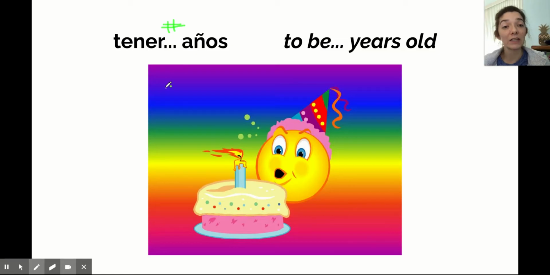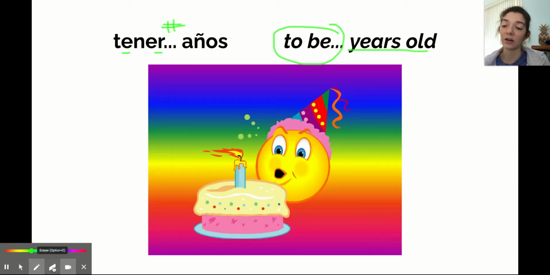So if I said ella tiene 5 años, literally, I'm saying she has 5 years. Figuratively, I'm saying she is 5 years old. Okay, notice the difference there.